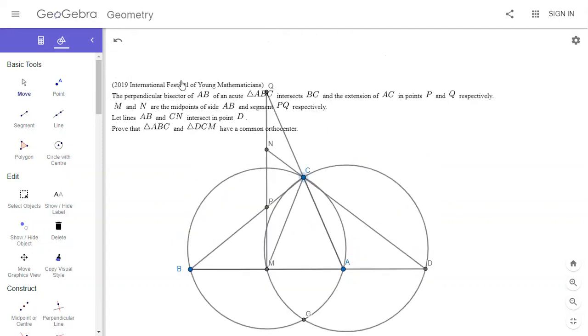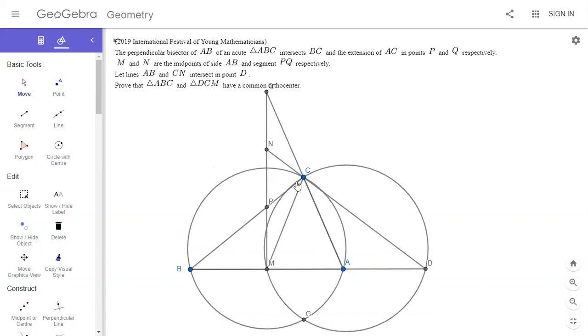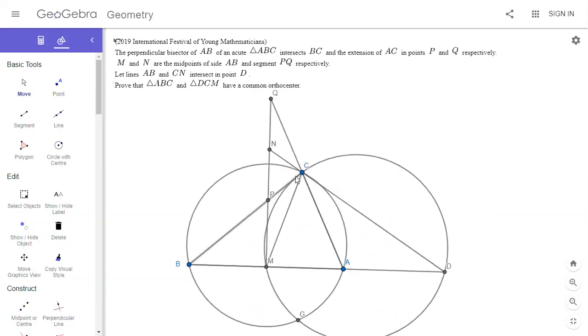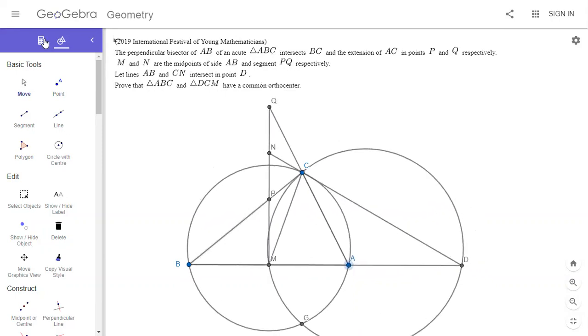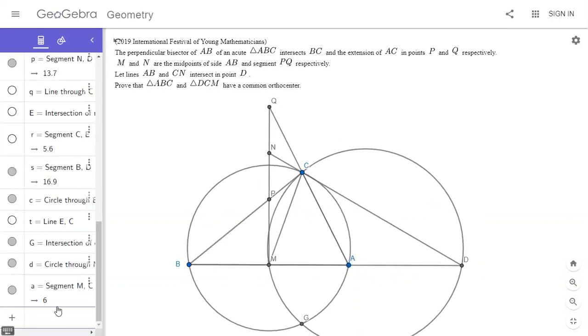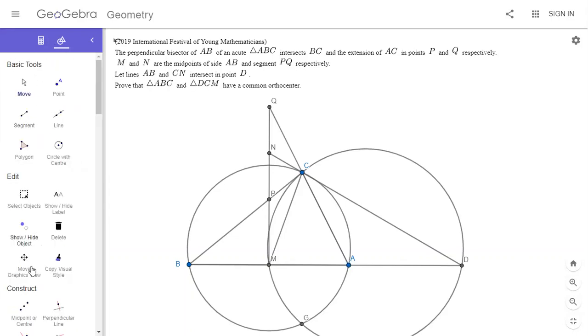I feel like there has to be a simple way to do it using this, but yeah, it's just two similar triangles.